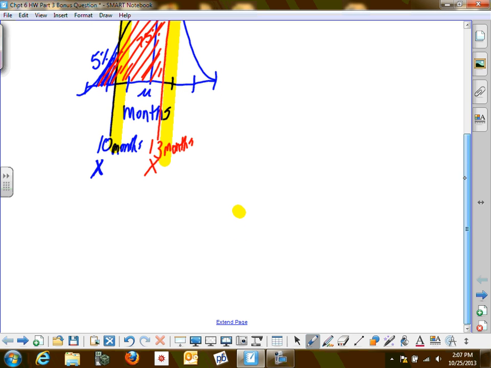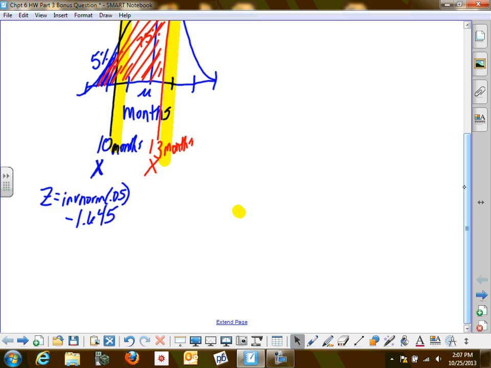So let's do that because I know the percent below them. Okay? So, to get the z-score for this one, I'm going to do inverse norm of that percent below, 0.05. That comes out to negative 1.645. Okay, good. So the z-score for that placement is negative 1.645.